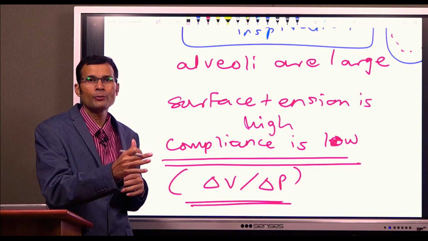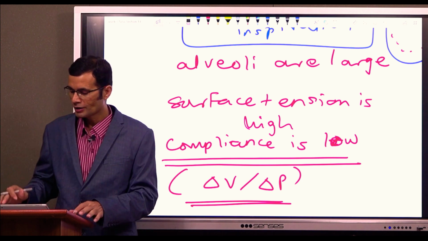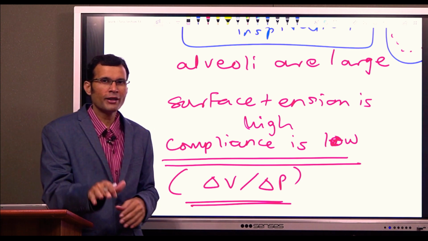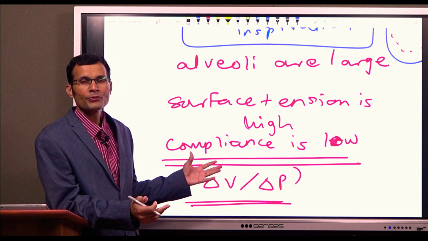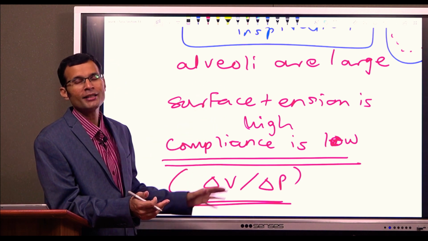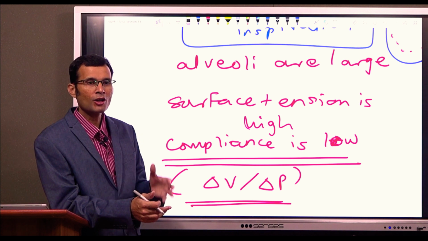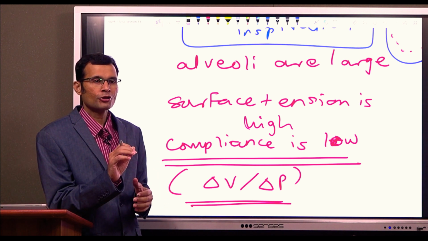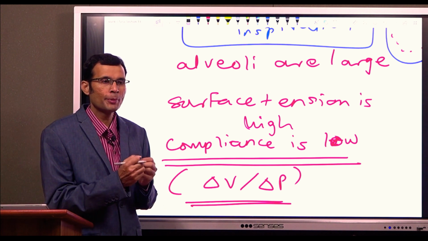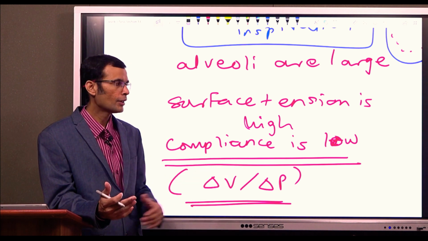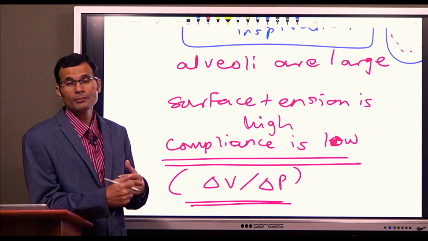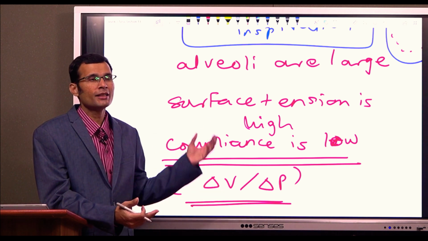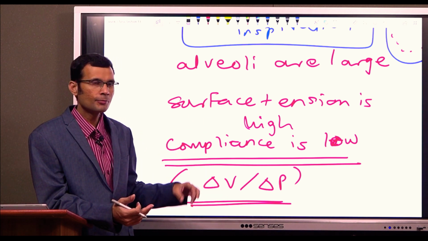That is not a perfect example, but it is just for you to visualize this part, that at the start of inspiration, for a small pressure change in the lung, there would be good volume distension. And by the end of inspiration, more pressure change but less volume distension can be seen in the lungs.